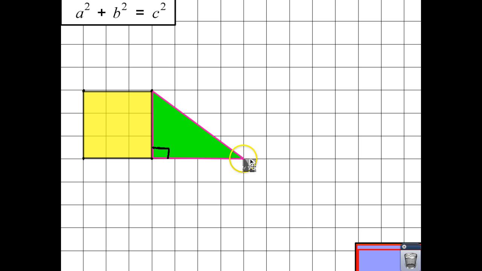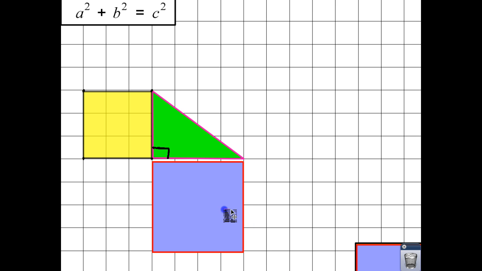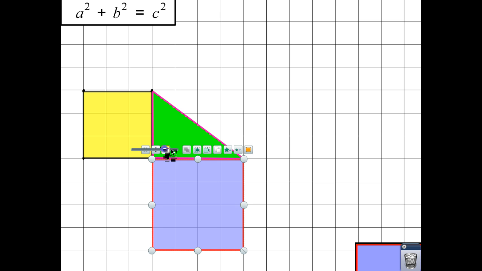So we're going to create a square out of that, coming down 1, 2, 3, 4, and it's going to look like this. Underneath, how many boxes do you think you're going to see if you have a 4-unit square? Okay, 4 times 4 is 16.